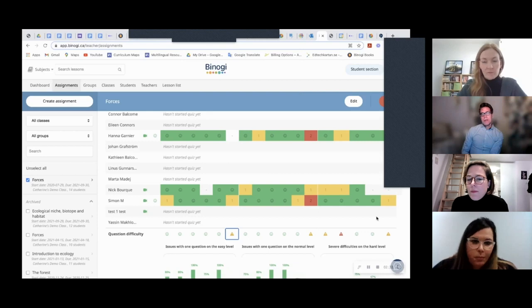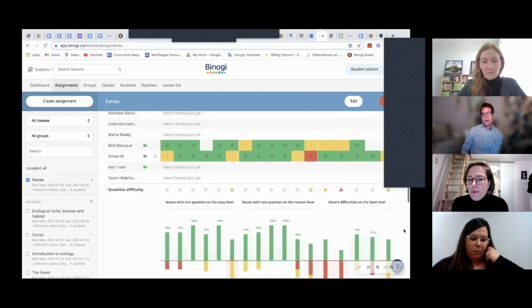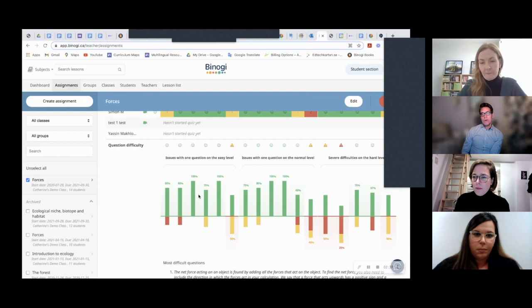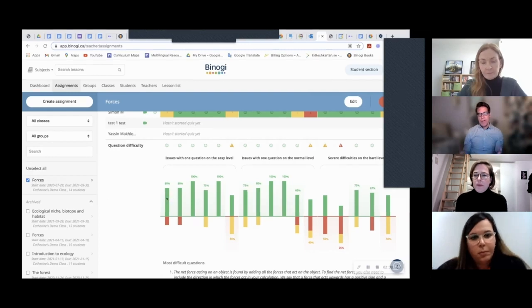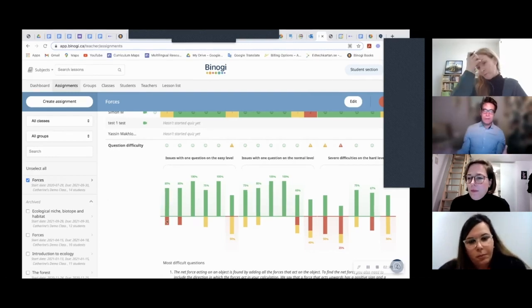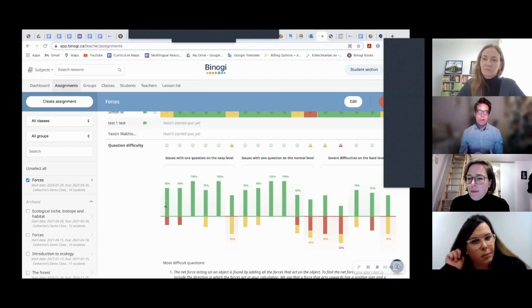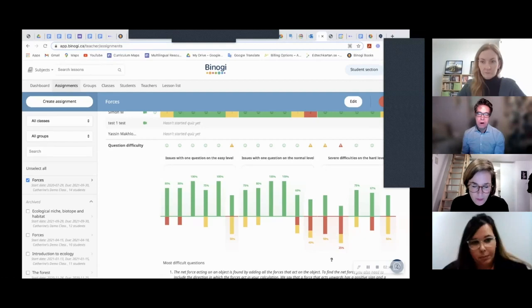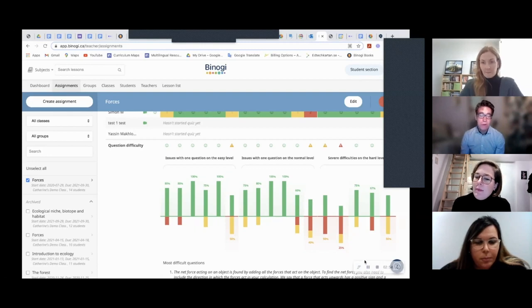So this is very good for you, not just for each student. It's good for the whole class, because if you have this on the same page, you can see what you are going to do next lesson, what you are going to talk about, what are the questions that they don't understand, and what's the question they understand. So you don't need to talk more about that.